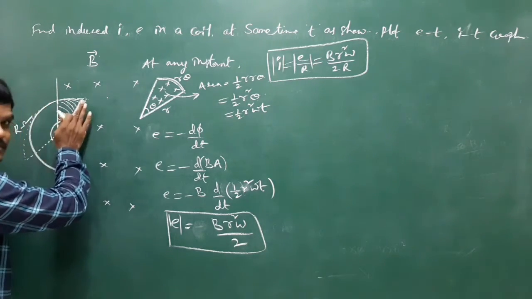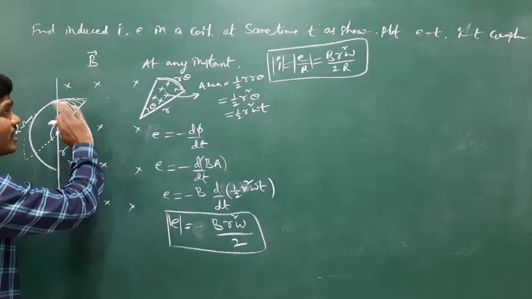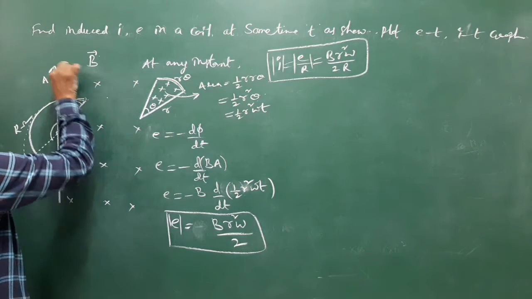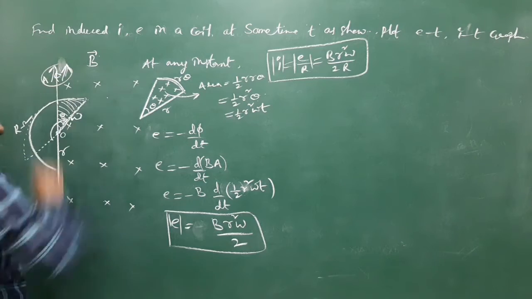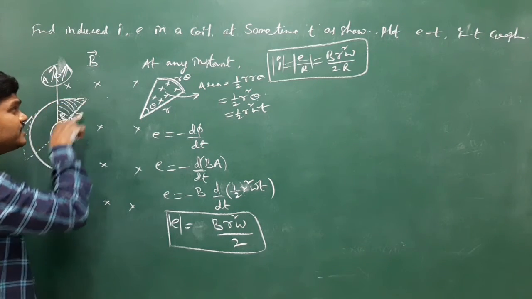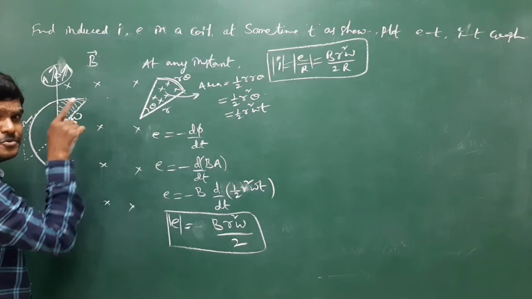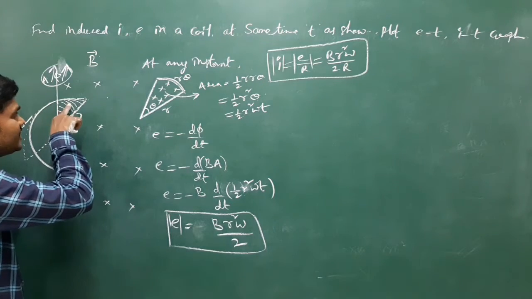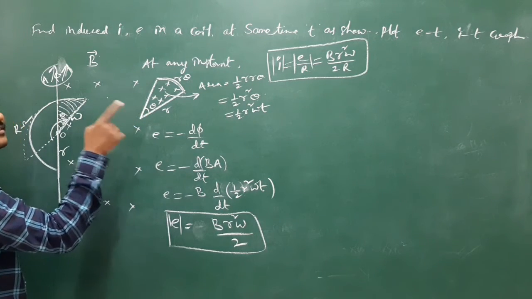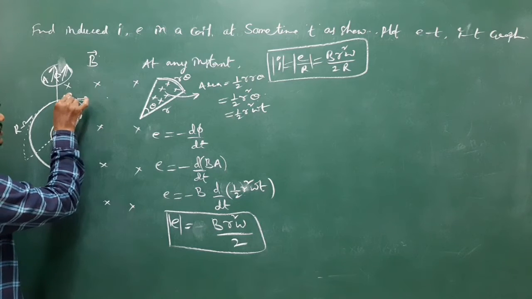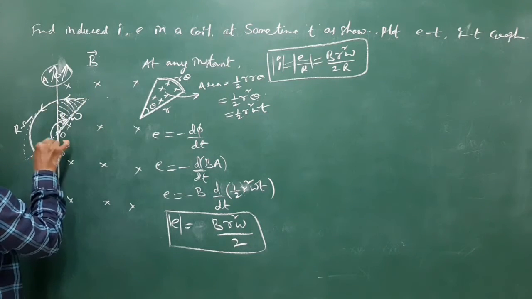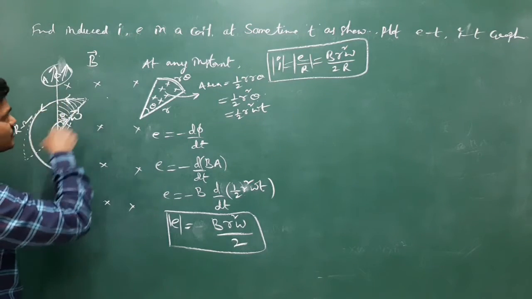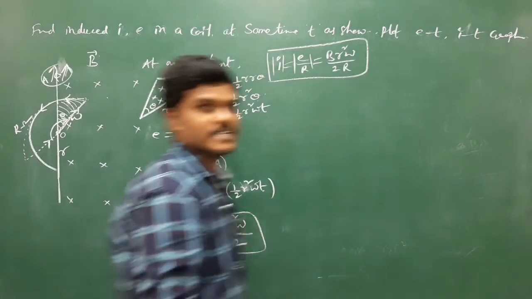So the flux increases, and the induced current has to oppose that increase. So the direction of the induced current is anti-clockwise.